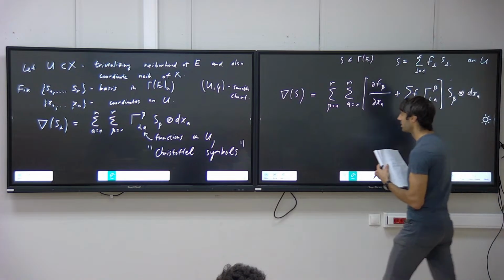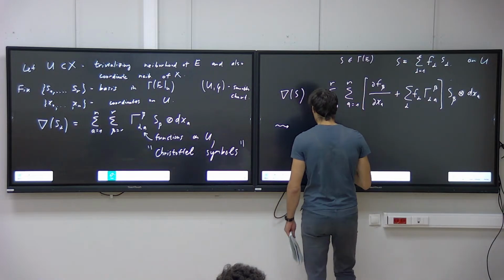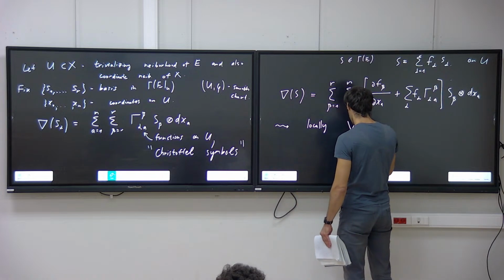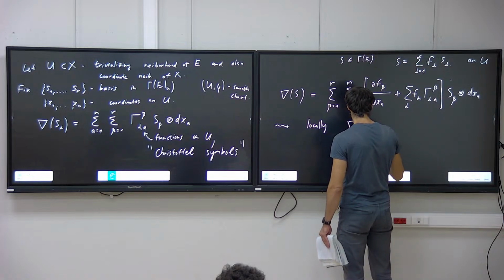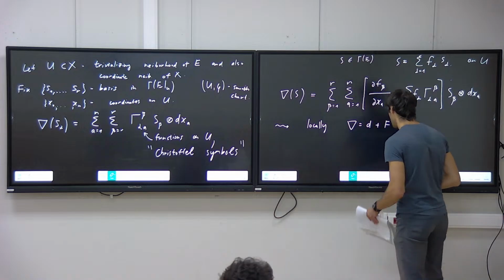So sometimes you will see in the literature that locally the connection is something like d plus some f.